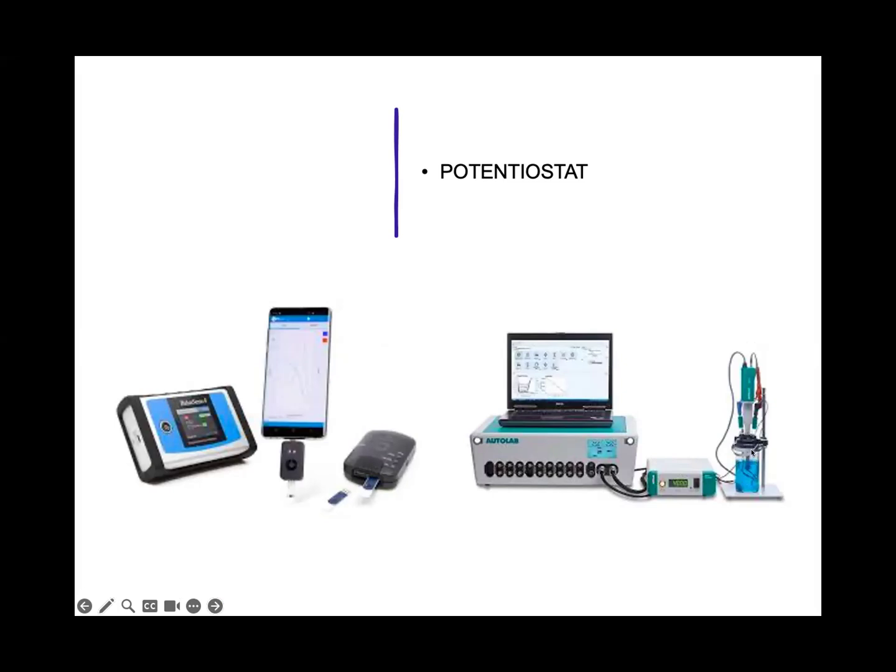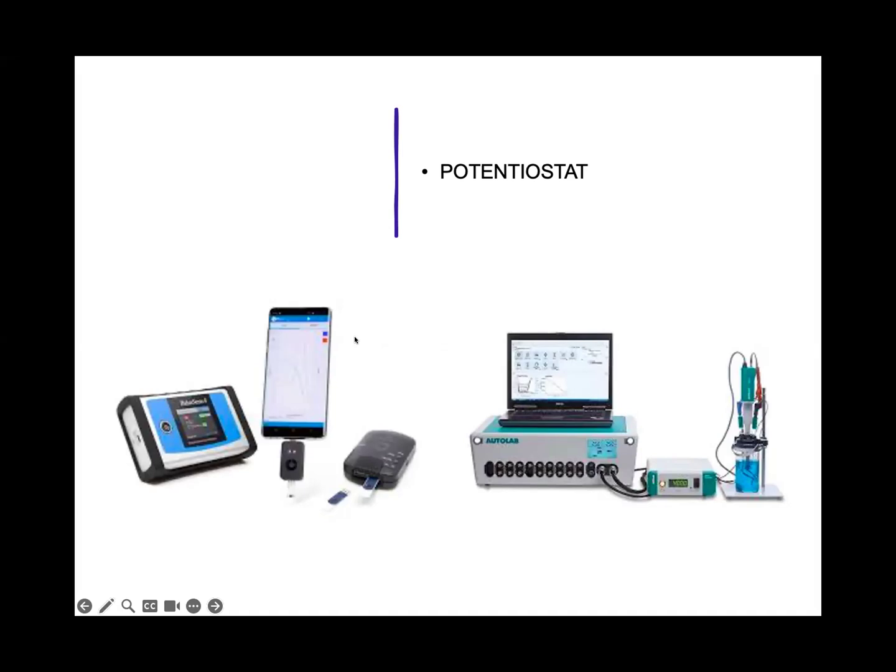So this is what I mentioned about. It requires wet chemistry. It has to be in the solution, and this is where we ran the voltammetry analysis just now. Okay, but voltammetry instruments have become smaller. This is a potentiostat, and it can be analyzed using a phone.